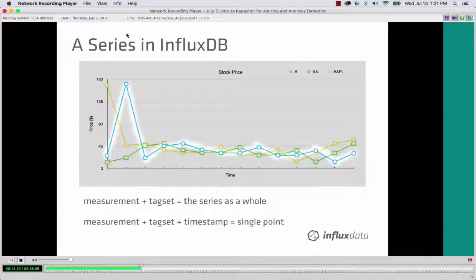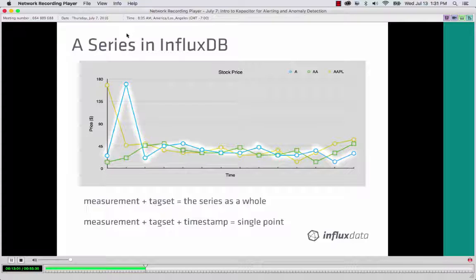So this brings me to what is a series, as we are a time series database. A series, in our definition, is the measurement plus the tag set, and that represents a whole series. You can think of a series as all points that have a common measurement and tag set. In the graph above, that blue line is one series, the yellow line is one series, and the green line is one series.